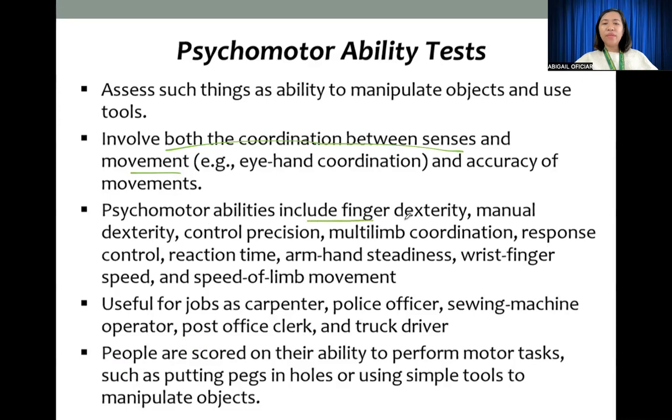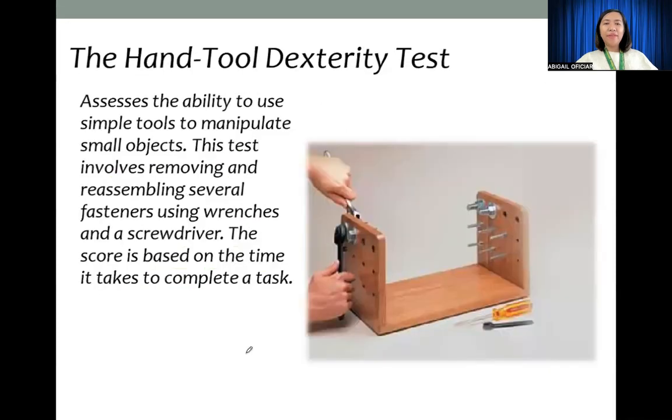Tinitignan yung finger dexterity, manual dexterity, yung mga ito. Control, reaction time. Usually, itong mga ito, ginagamit sa mga trabaho na ma-physical like bombero, military, mga yan. Okay. Police officer, carpenter. So, yan. Example of hand tool dexterity test.